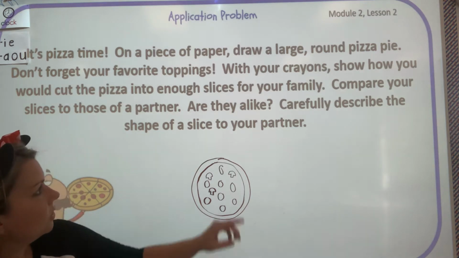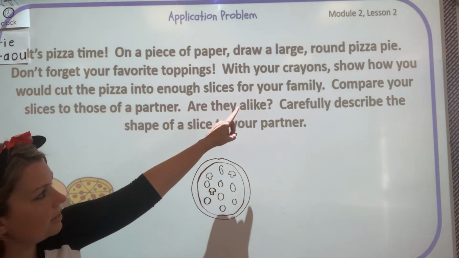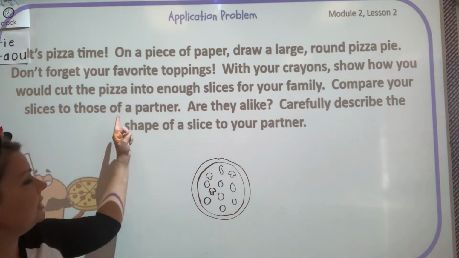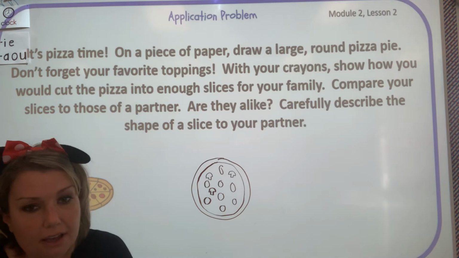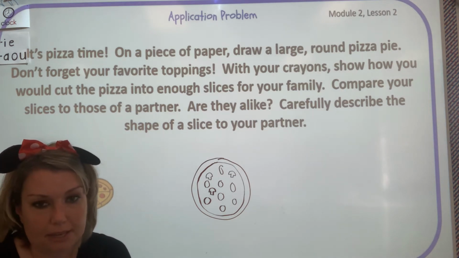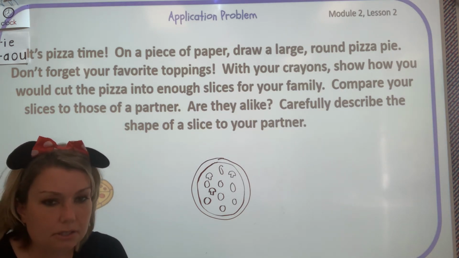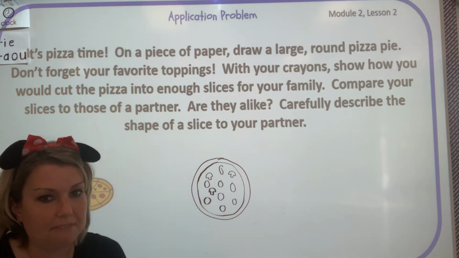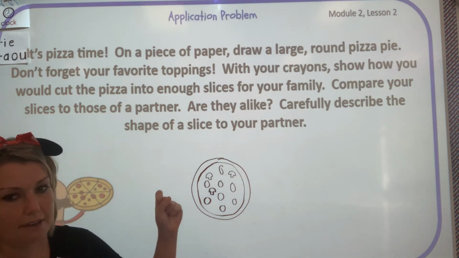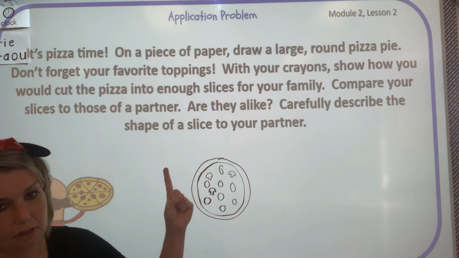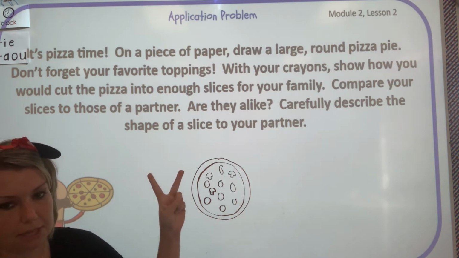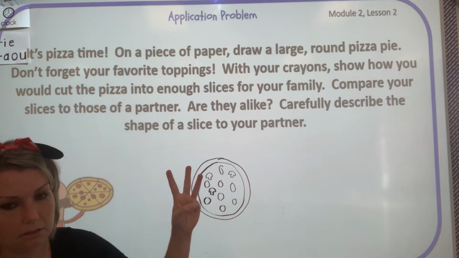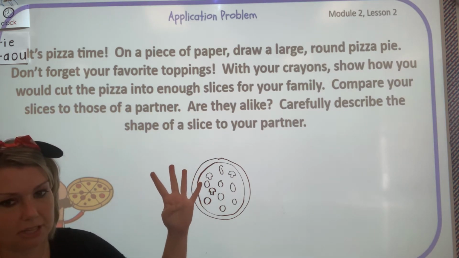Okay. With your crayons, show how you would cut the pizza into enough slices for your family. So, in my family, I've got to count the people in my family. I have myself, my daughter Emmeline, my son Jackson, and my husband Mr. Cates.